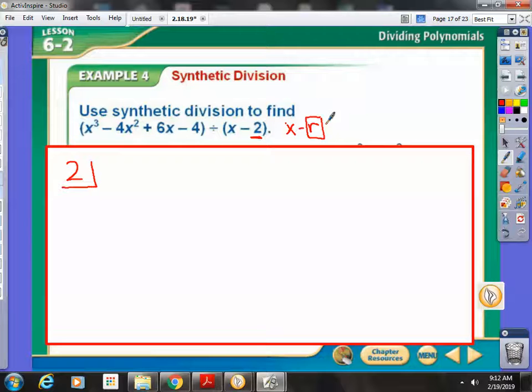The next step is we're going to list our coefficients in the polynomial. So the coefficient on the first term is 1. Coefficient on the quadratic term is negative 4. Just leave a little bit of room just to spread it out a bit. Next term is 6. And the last term, negative 4.